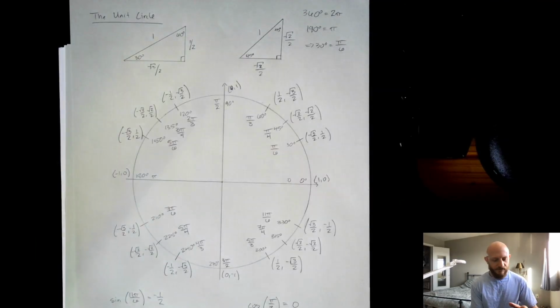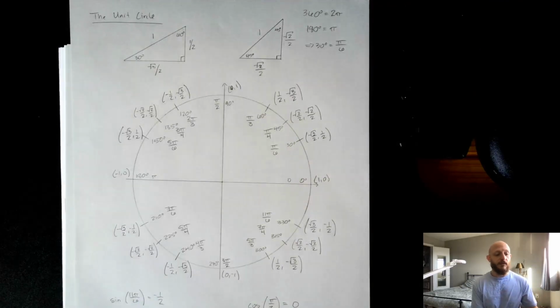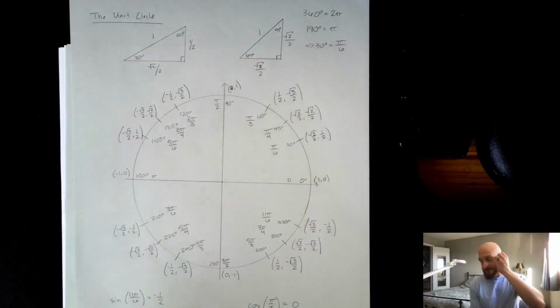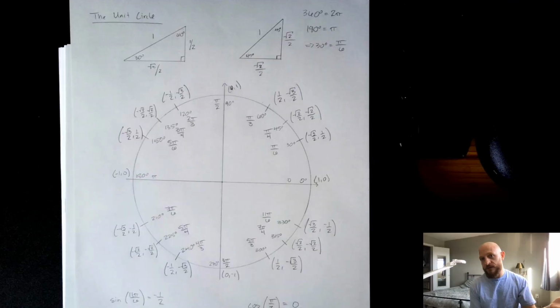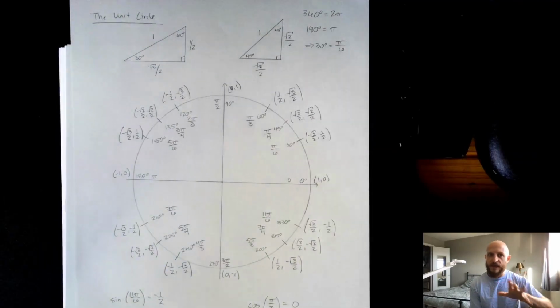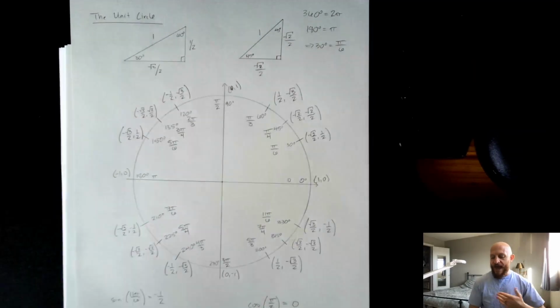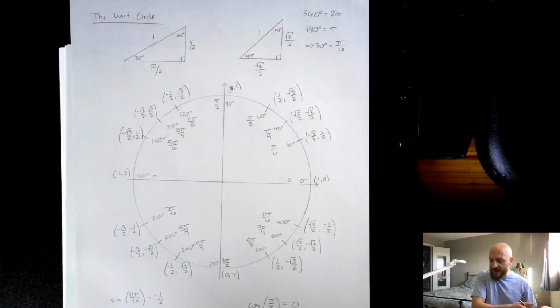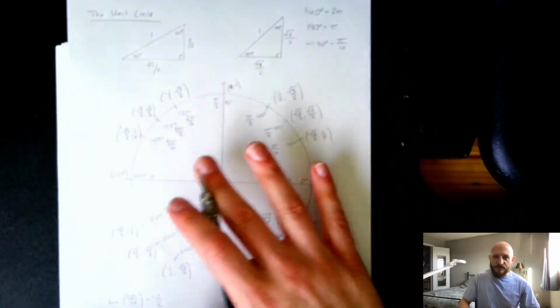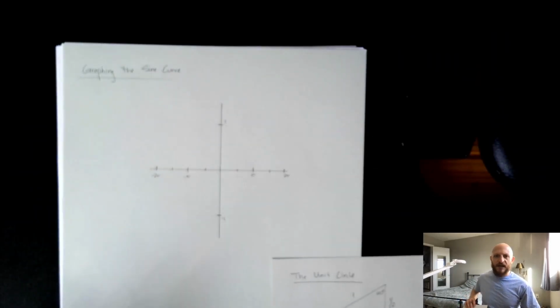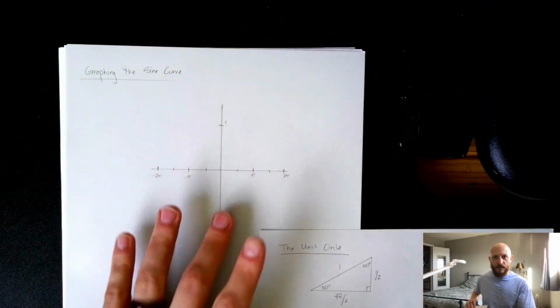And again, there is a one-to-one correspondence between the angle measures and the real numbers, but it's a slight nuance in terms of how sine of theta, which is on the unit circle, gets translated into sine of x on the xy plane.